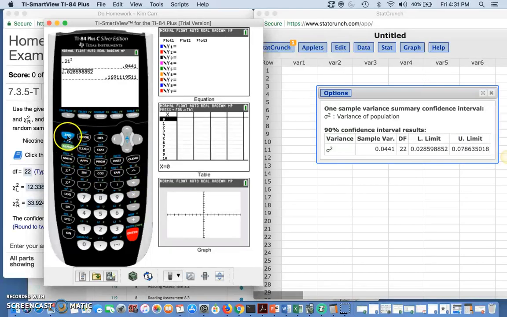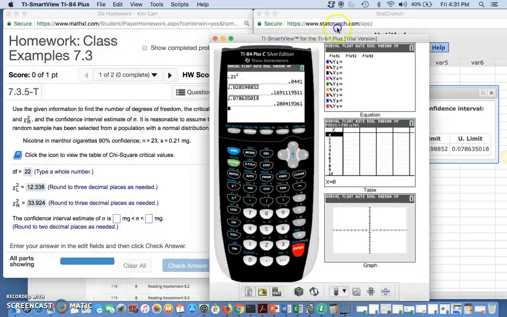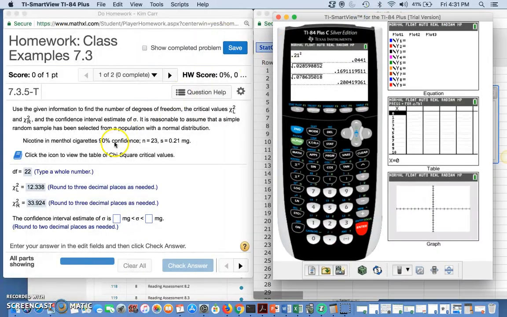Okay, then I'm going to do the same thing with the upper. Take the square root, and we're going to do 0.078635018. Okay, those are the two answers that I've gotten that I'm going to plug in.